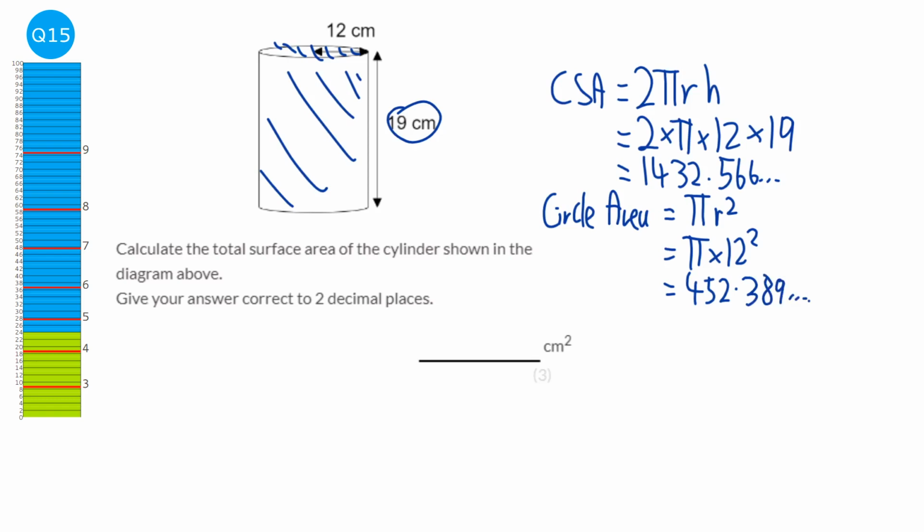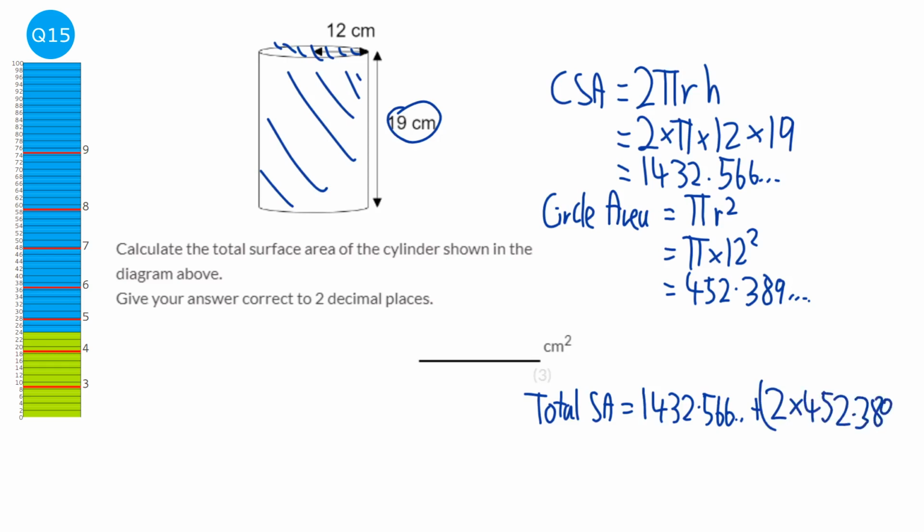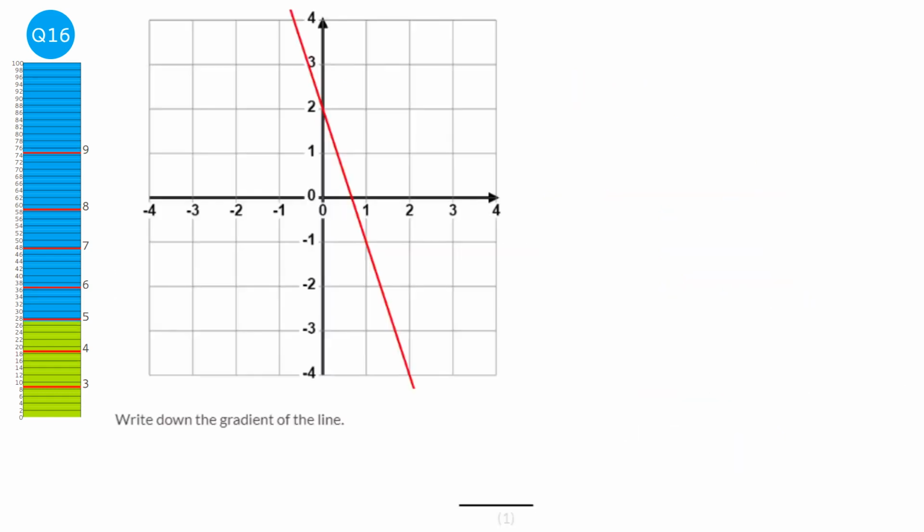Now there are actually two circles, so when we work out the total surface area, we add the curved surface area to two lots of the area of the circle, because there's one circle at the top and one at the bottom, and that gives us 2337.344, and to two decimal places, that is 2337.34.